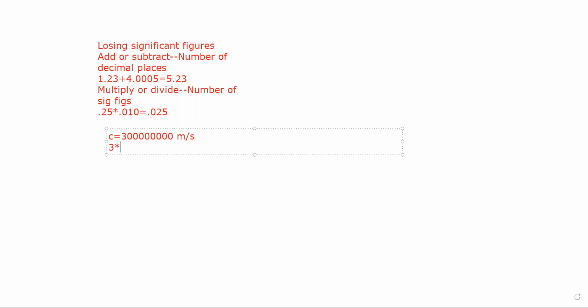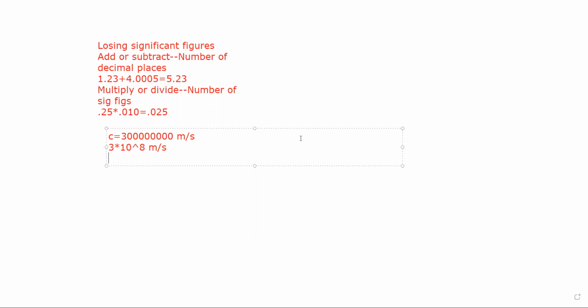Anyway, it's going to be 3 times 10 raised to the power of whatever I have to multiply 3 by to get 300 million. It happens to be 8. So 3 times 10 to the 8 meters per second.